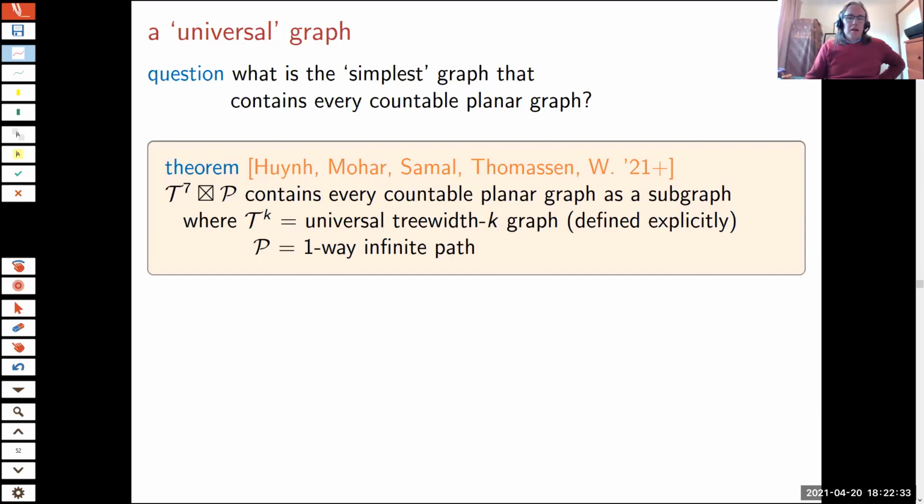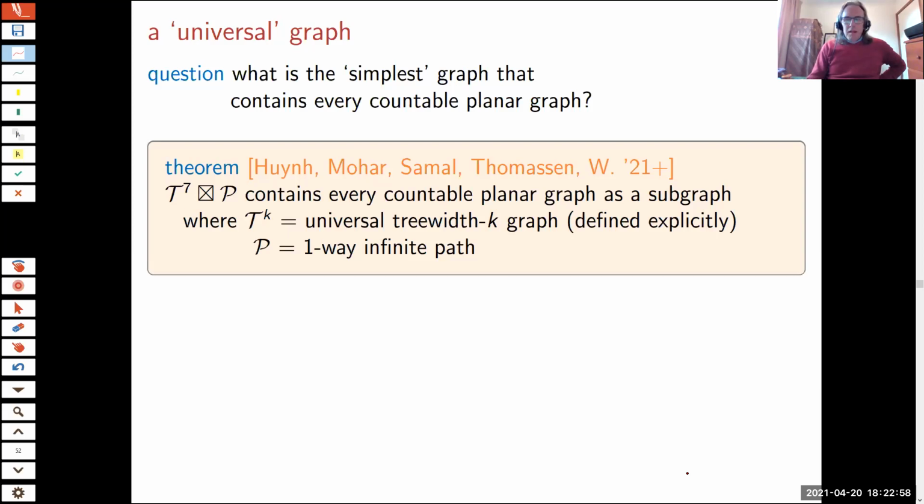And the particular graph that we define, and this is a single graph, is T7 times a path. It contains every countable planar graph as a subgraph, where TK is a universal tree width K graph. So we can define that explicitly. And the definition is of independent interest, but I'm not going to go into that in this talk. And P is an infinite one-way path.